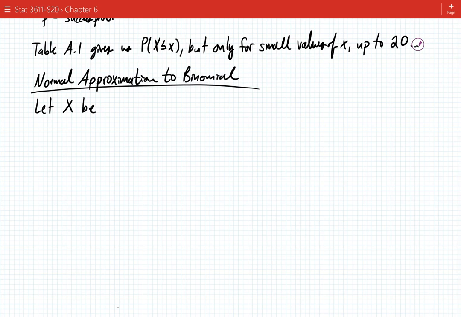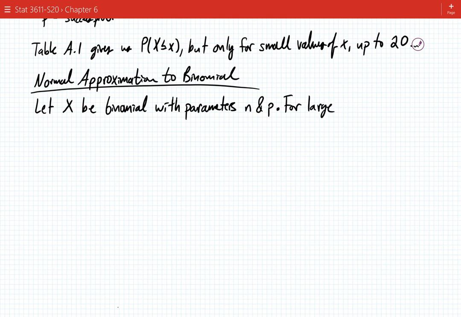Let x be binomial with parameters n and p. Remember, you need to know the number of trials and your success probability. For large values of n, x has approximately a normal distribution.